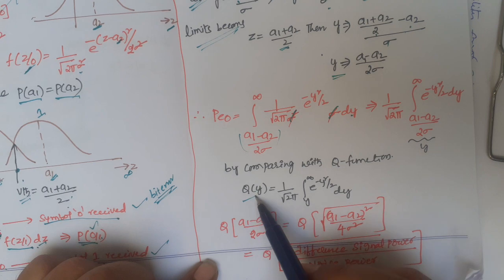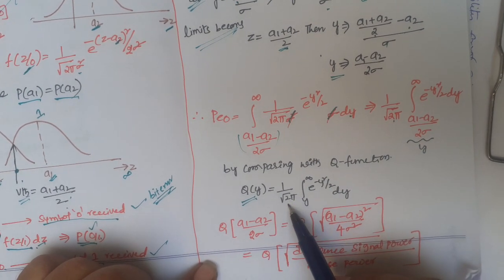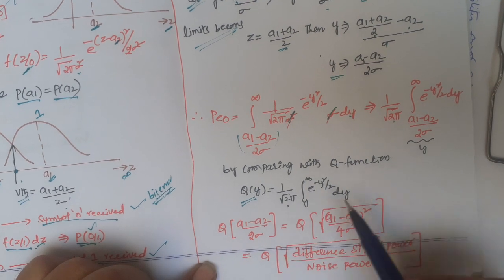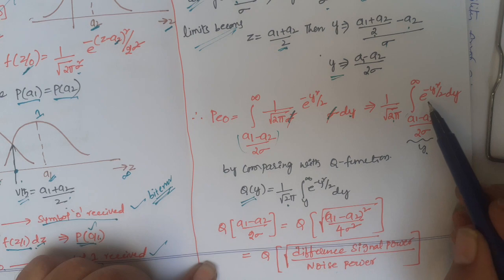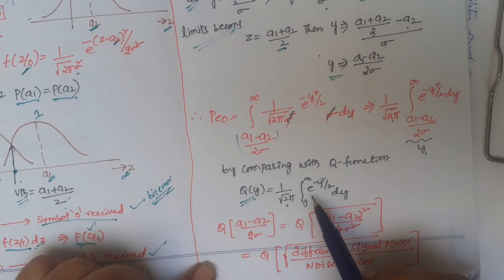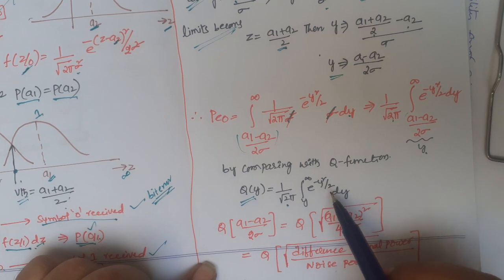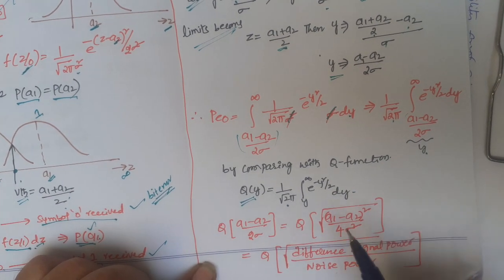The Q function is also the same as this equation: 1 by under root 2 pi, and the integral from y to infinity, and it is also e power minus y square by 2 dy. So this entire function is the same as the Q function.